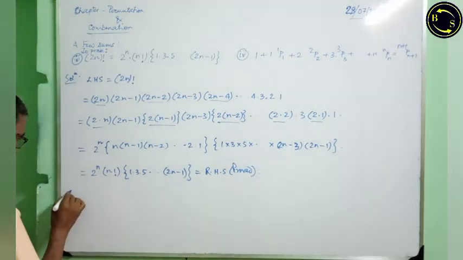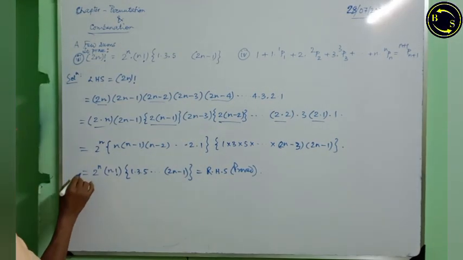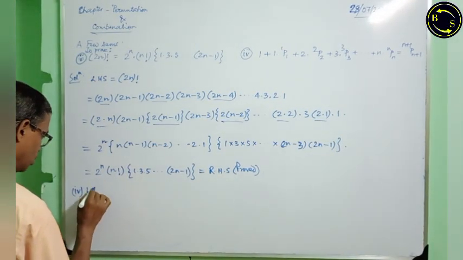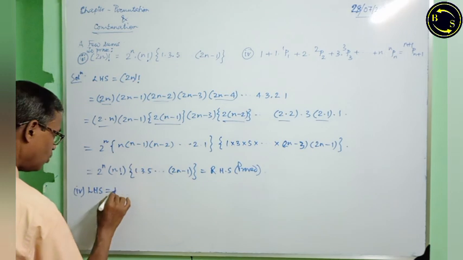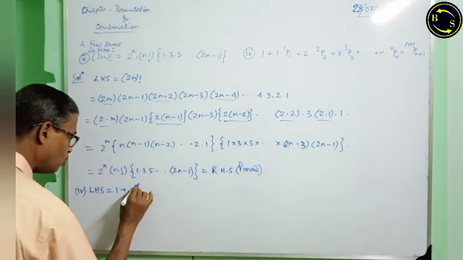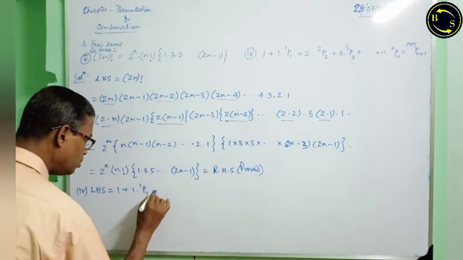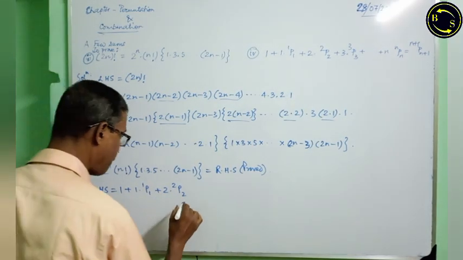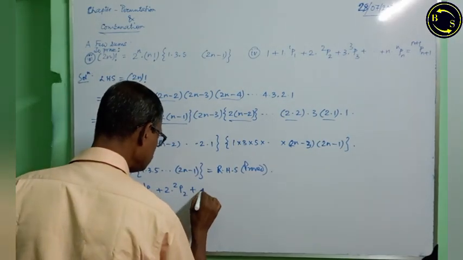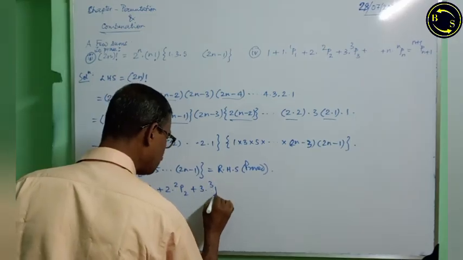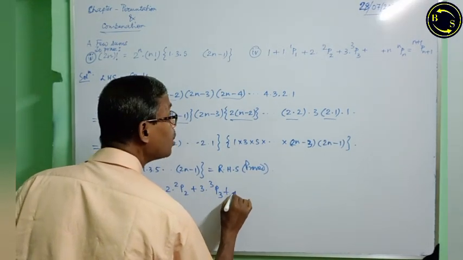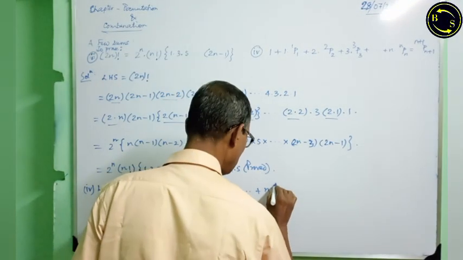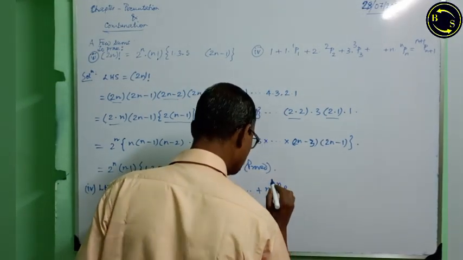Now number 4. First I write the left hand part. 1 plus 1 into 1P1 plus 2 into 2P2 plus 3 into 3P3 plus dot dot dot plus n into nPn.